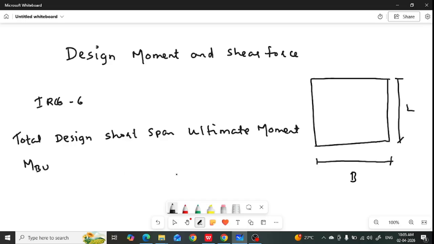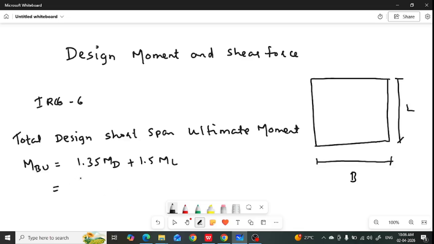B is related to the shorter span and U is ultimate moment, equal to 1.35 MD plus 1.5 ML. And what is MD? MD is the bending moment in the shorter span due to the dead load, and ML is the bending moment in the shorter span due to live load. We calculated in the previous class what MD and ML are with regards to the shorter span.